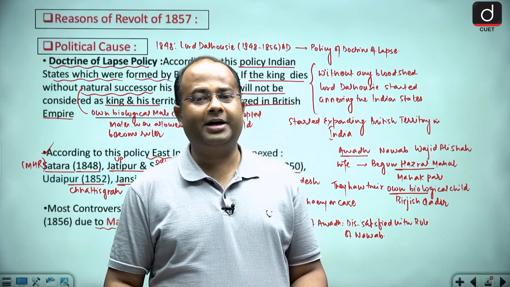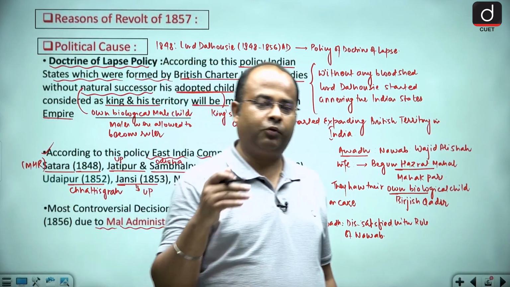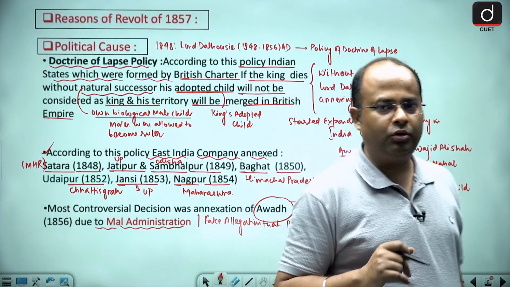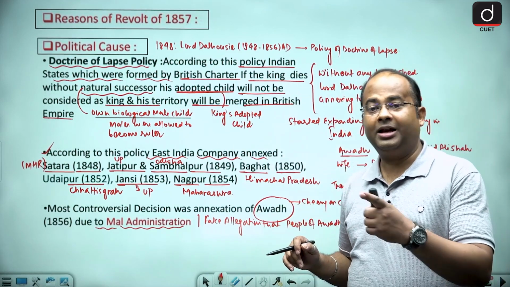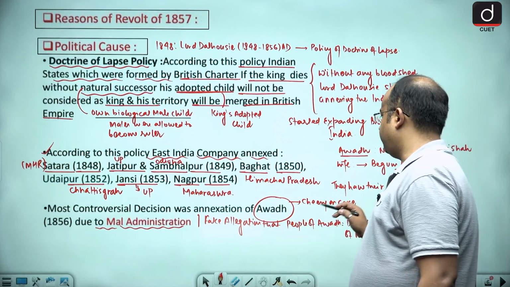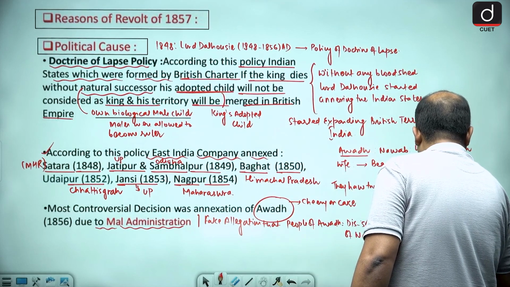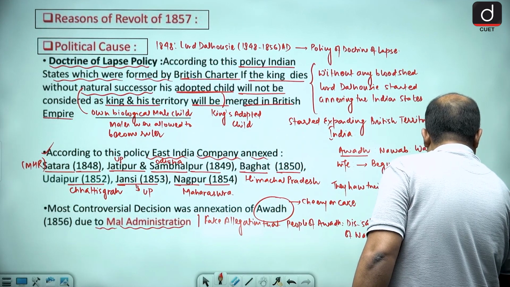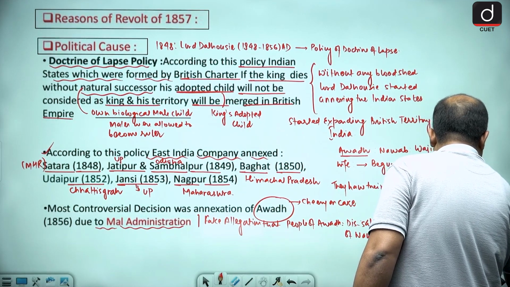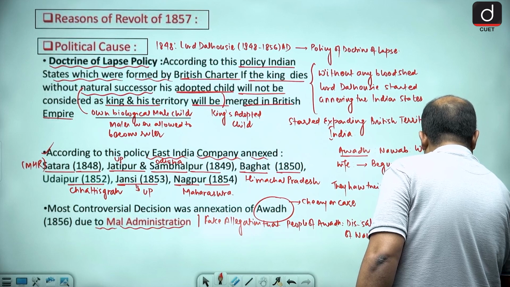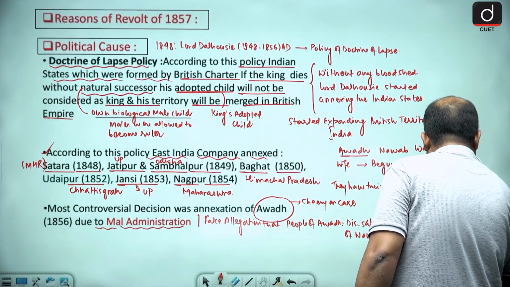So finally guys, what happened? The Britishers forcefully imposed the ground of maladministration and arrested the Nawab and sent him to Calcutta.